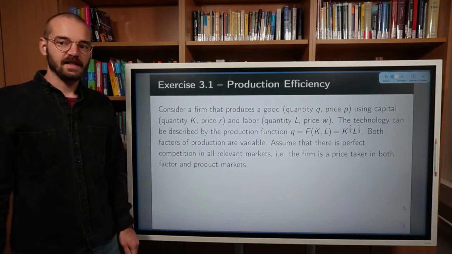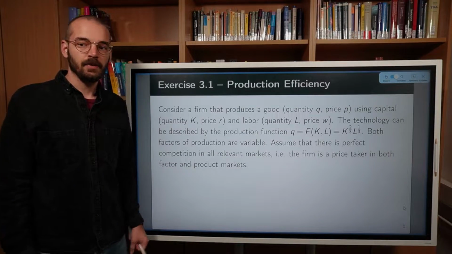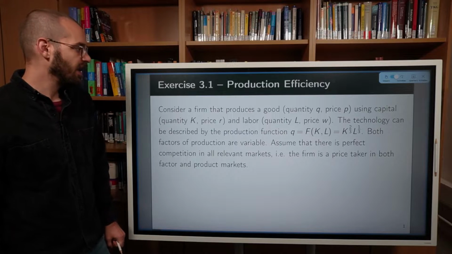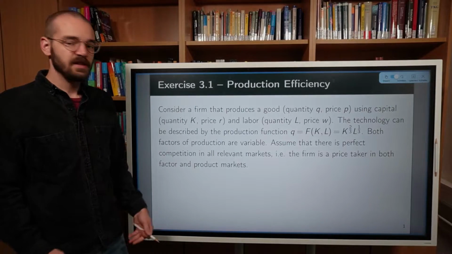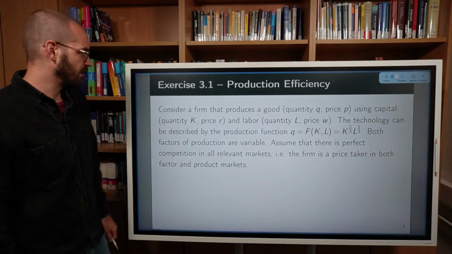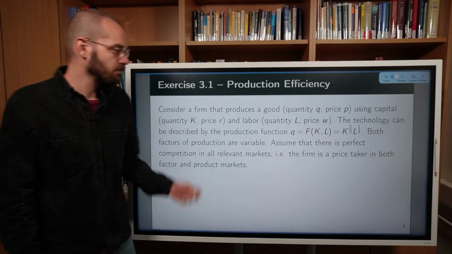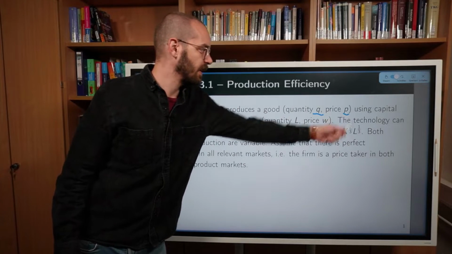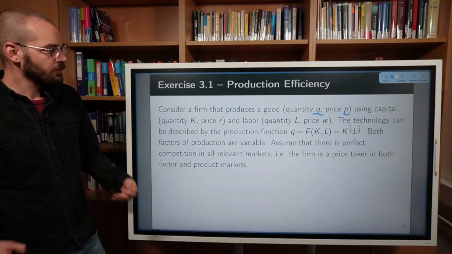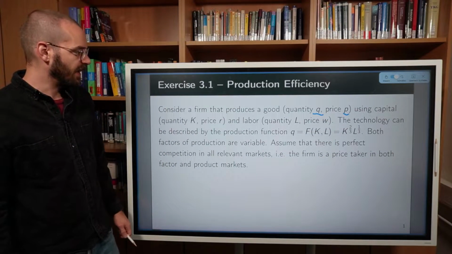Now in the first exercise we are going to look at production efficiency, and for this we are going to consider a very specific firm. We are asked to consider a firm that produces a good, some quantity Q, at some price P, using capital and labor.